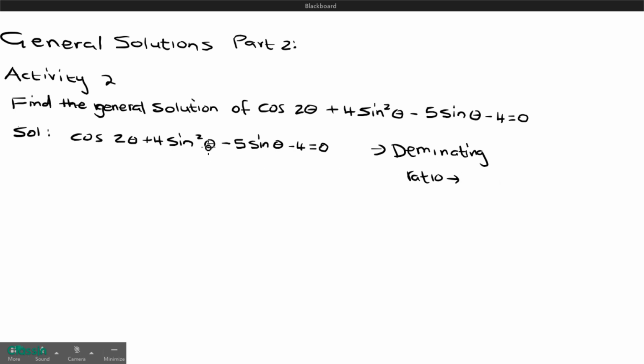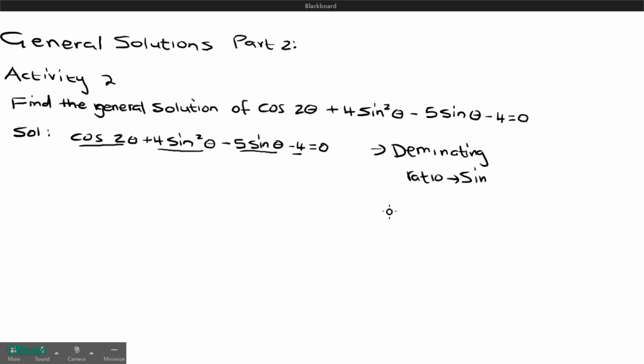If you check on this question, term number 1 is cos, term number 2 is sine, term number 3 is sine, but term number 4 is a constant number. So of all the terms given here, sine is the dominating ratio. In this case, our dominating ratio is sine.